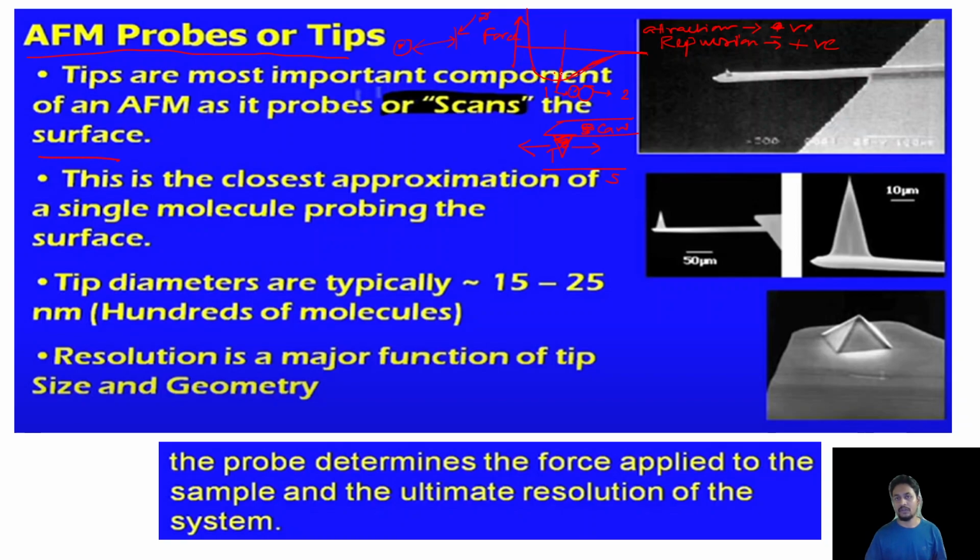Up to here is attraction, and after this point of contact the repulsion begins. In this regime the total attraction is higher than the repulsion, so the whole region is attraction, and after this point repulsion becomes most prominent.